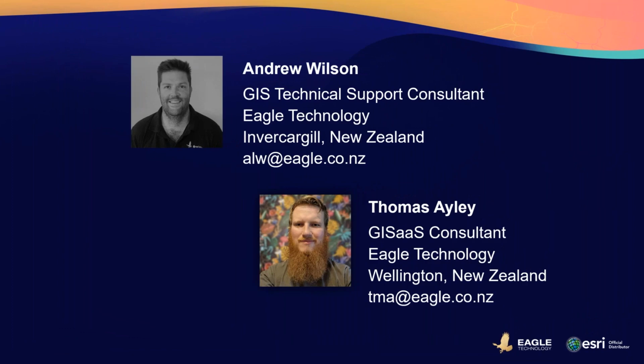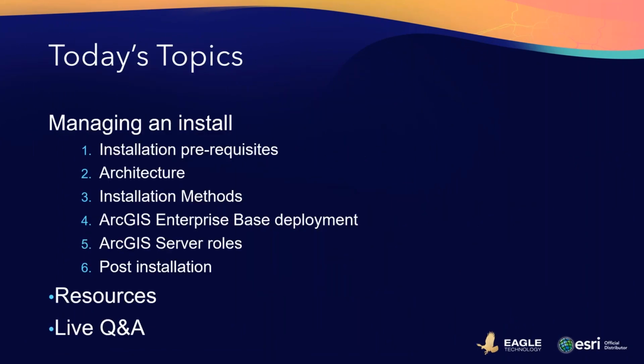So today's topics: we're going to look at managing an install. We'll look at installation prerequisites. What do we need when we're looking to deploy an enterprise environment? The architecture behind that deployment, the different ways we can install.